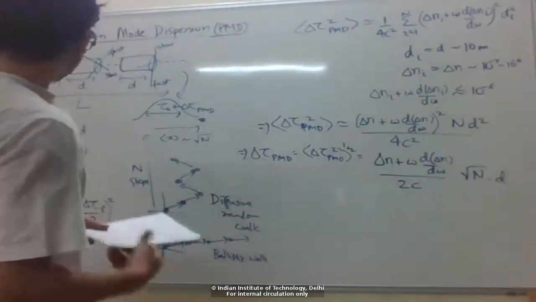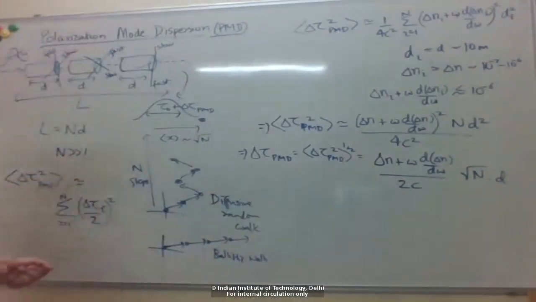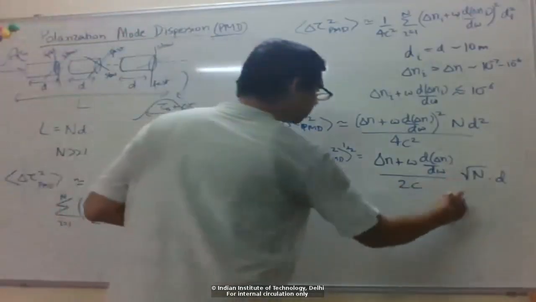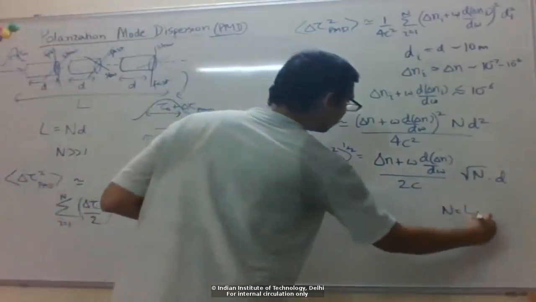Of course we want our parameters to be in terms of total fiber length. So again, we can put n equal to L over d.